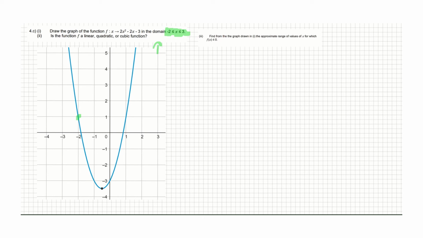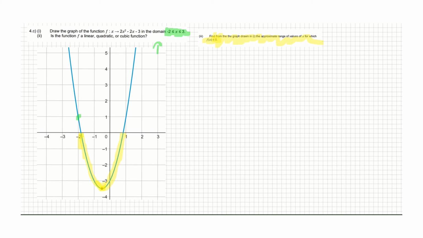But anyway, what I've given you there is nearly enough. It's quadratic, you said that, and you got it right, well done, because it's a U shape. So part 3 says find where f of x is less than 0. Less than 0 means underneath the x-axis. So from here all around to here.